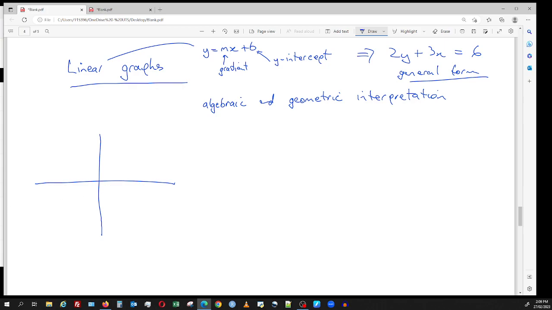So I think what I'm going to do is add a little camera. See how that comes up.